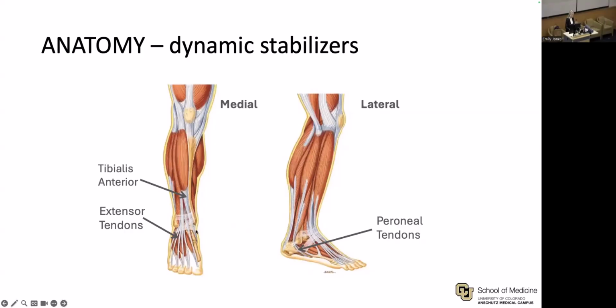And then in the front, we have the tibialis anterior and then the extensor tendons here. And so the tibialis anterior, that's the tendon that you're going to feel when you're walking on your heels. And then the peroneal longus and the peroneal brevis attach to the base of the fifth metatarsal. And both the longus and brevis evert and plantar flex the foot.